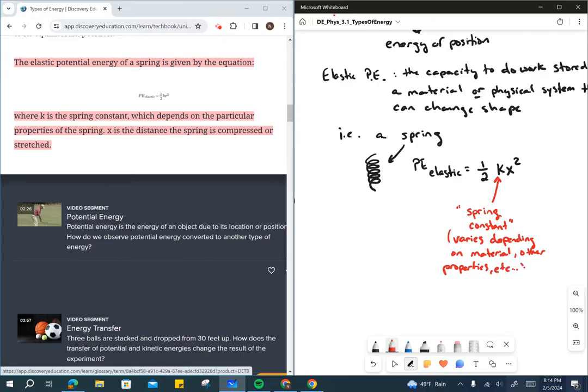Okay. And then X, X is the distance the spring is compressed or stretched. You can squish a spring, right? Or you can elongate it.